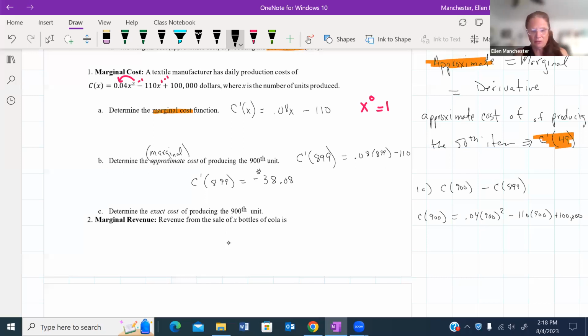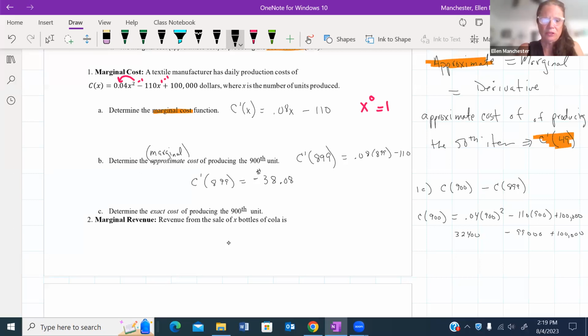So get that value. Again, watch your order of operations. Do 900 squared times 0.04. And I always write my numbers down because I don't trust my calculator. And then 110 times 900 is 99,000 plus 100,000. Now I have all my numbers.